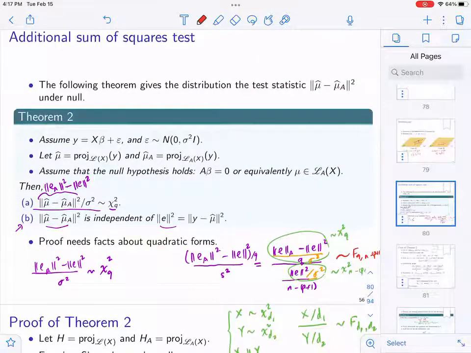Because of this theorem, which I'm giving you without proof, but we'll prove it later. It follows from a result called Cochran's theorem, which we're not going to prove now, but hopefully by that point you'll be more convinced that they're independent. It's not at all obvious. Okay. I give you that. For now, accept this as a fact, and later we'll prove it.